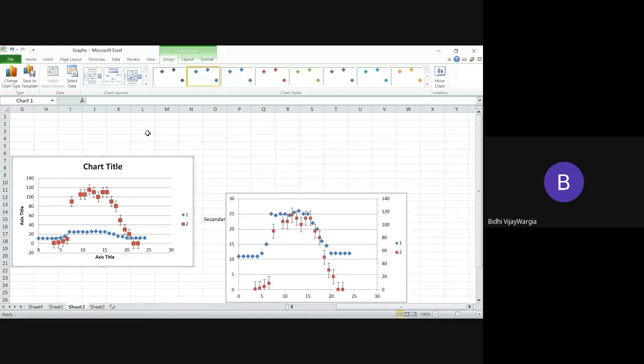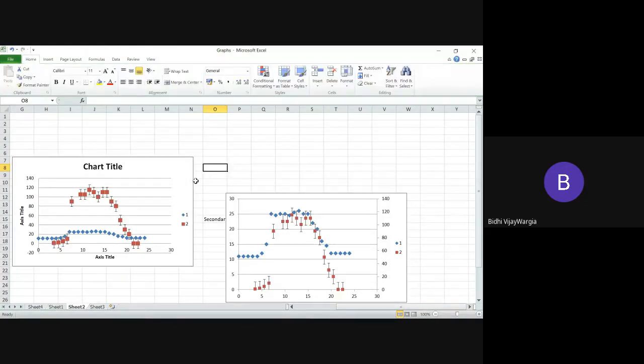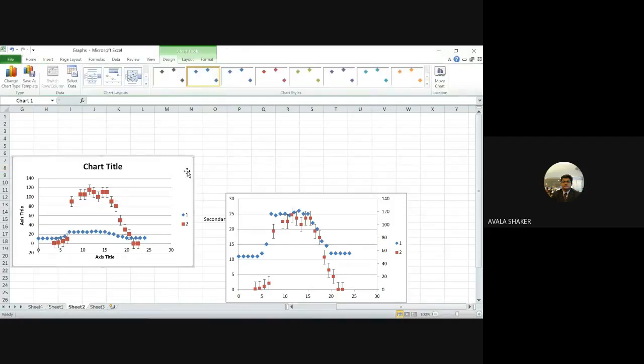Sir, how to introduce error bars? I don't have the layout tab. Okay, just click on the chart, anywhere on the chart. Then you will have design on the top, and next to it you will have layout. I don't have that.